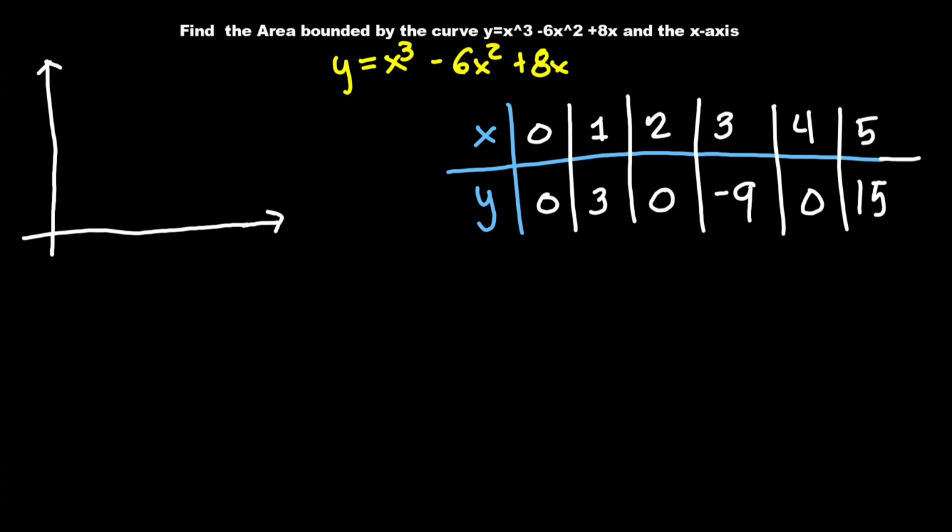So let us first graph this. When you're using an x and y table, it would be best to stop at 5, or when the y is a big number such as 15.